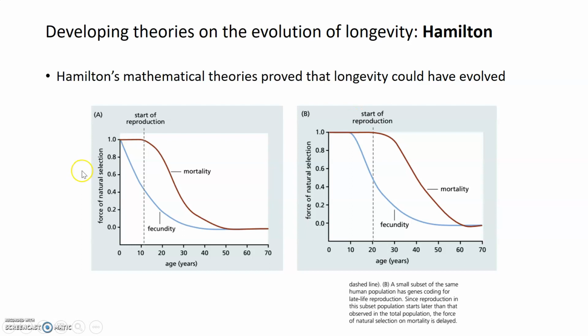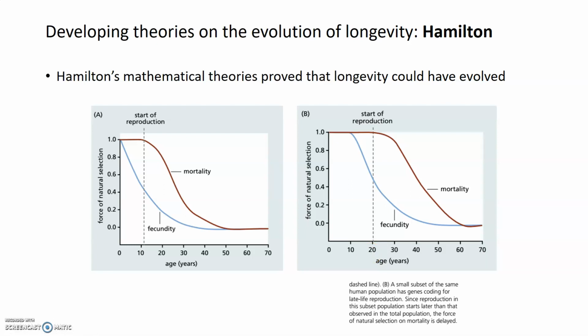And based on this idea, you can imagine that there are some people in the population who are able to start reproducing later in life, right? In the graph in A, the start of reproduction is somewhere around 12 or 13 years, whereas in the graph in B, the start of reproduction is around age 20.